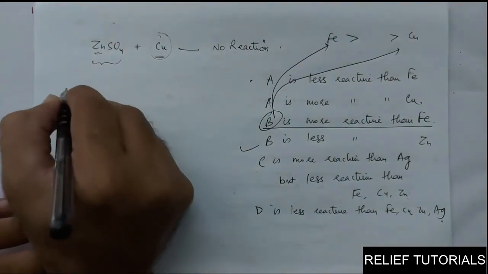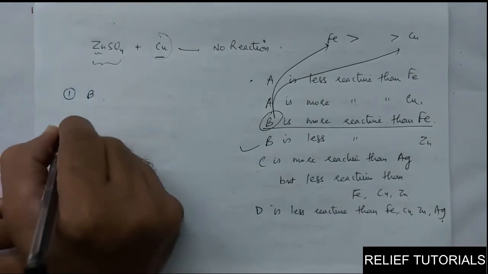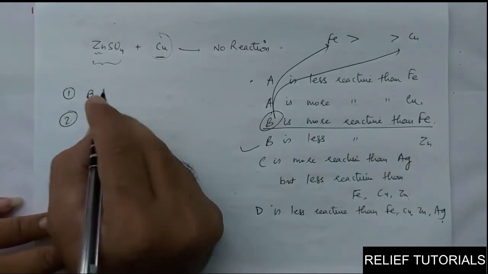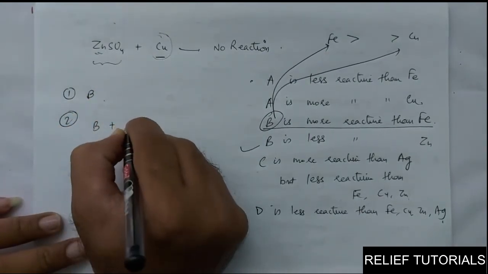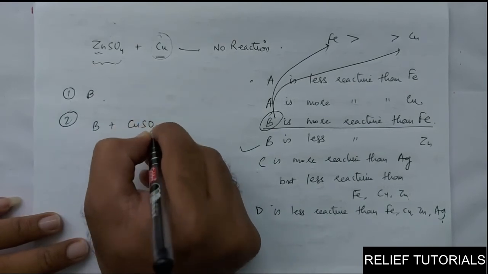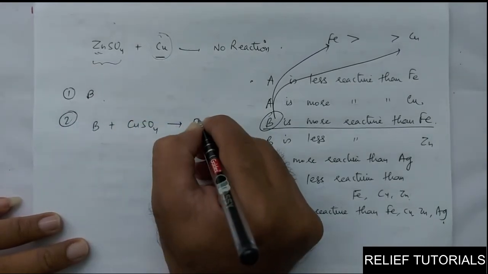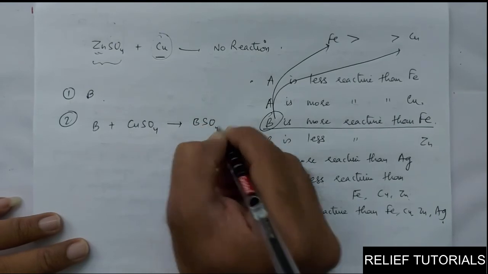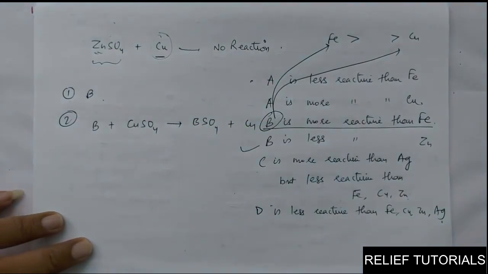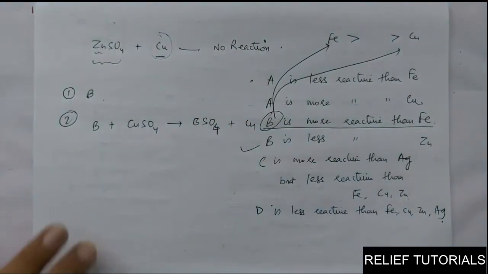B displaces copper and it forms the solution of B, and copper will be liberated. So BSO4, the solution of metal B, is formed and copper is displaced.